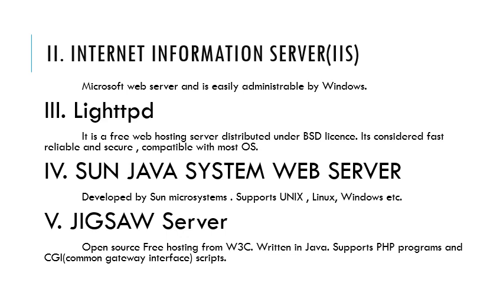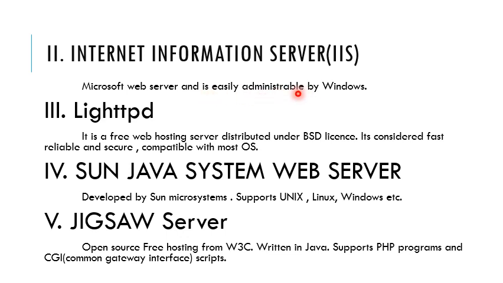Just for the sake of covering the syllabus, you should know the other servers, remembering the names of various servers. Internet Information Server (IIS) is a Microsoft web server and is easily administrable on Windows since it is a product of Microsoft.